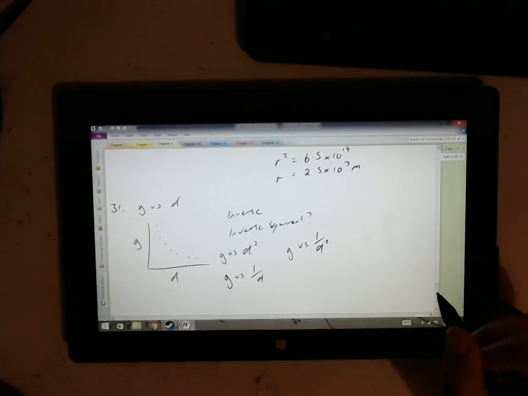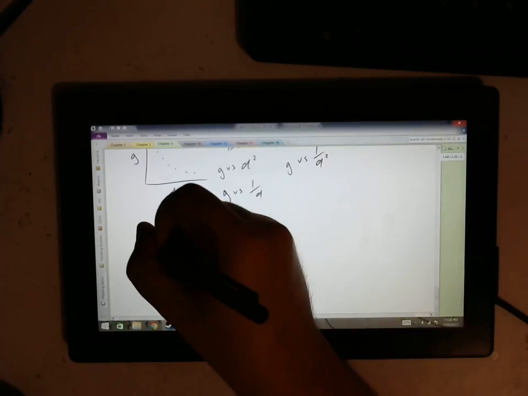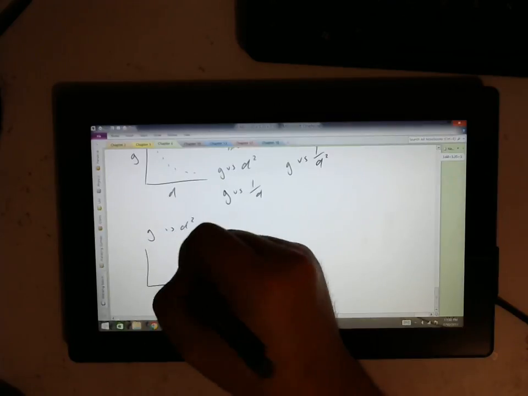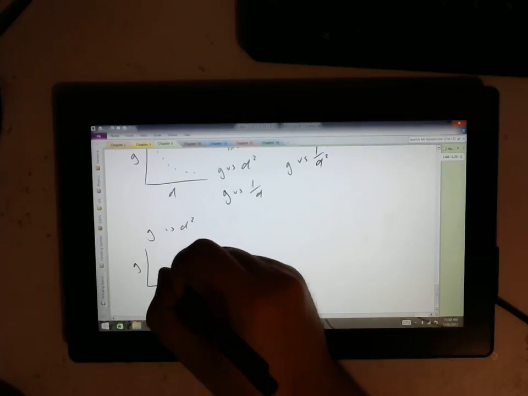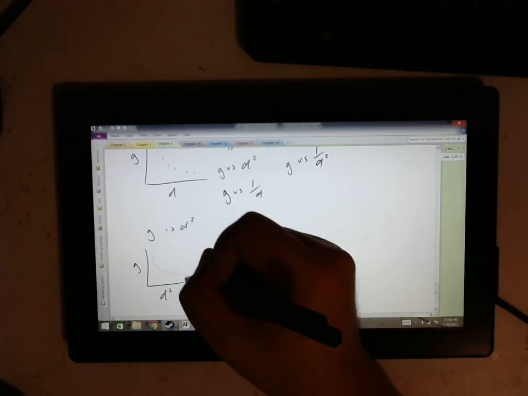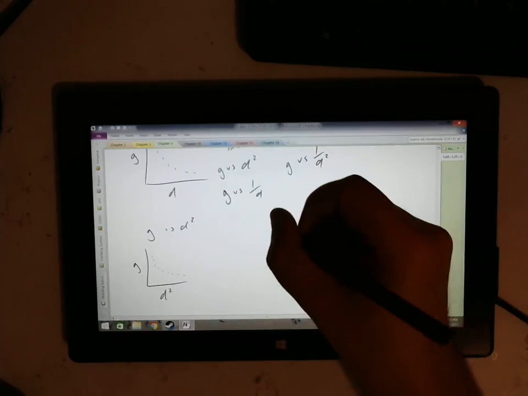Now, G versus D squared kind of looks very much the same, just stretched out more, which again tells you, yeah, it's still got to be inverse, so that's not really going to help us too much.